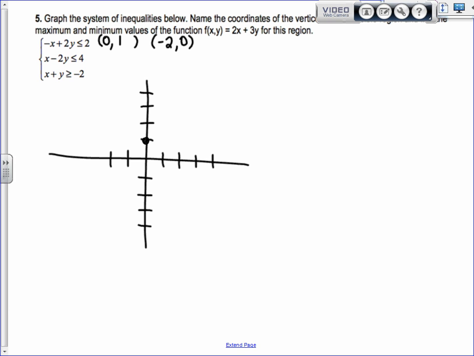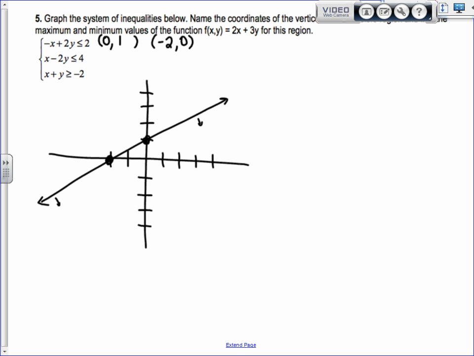So I have 0, 1, and I have negative 2, 0. That's the first line. If I plug in 0, 0, I get 0 is less than or equal to 2, which is true, so I'm going to shade towards 0, 0. So I'm below the line.